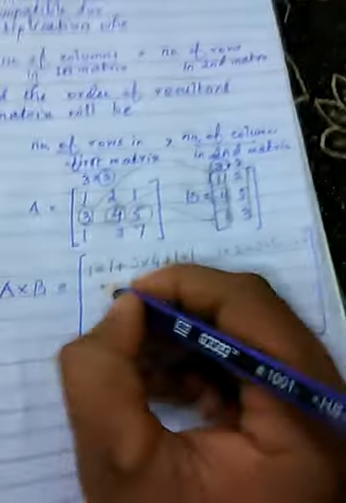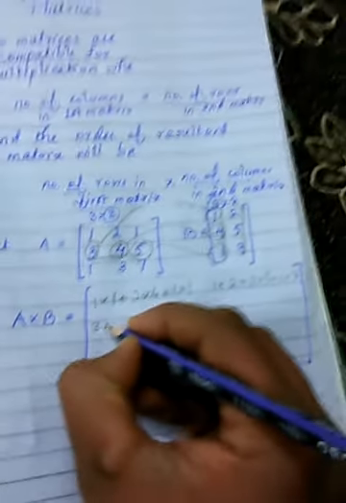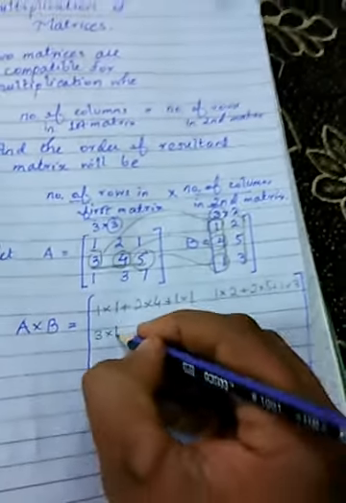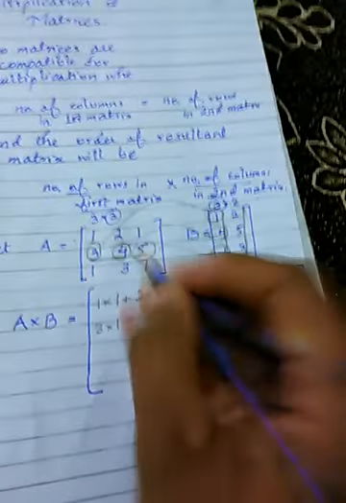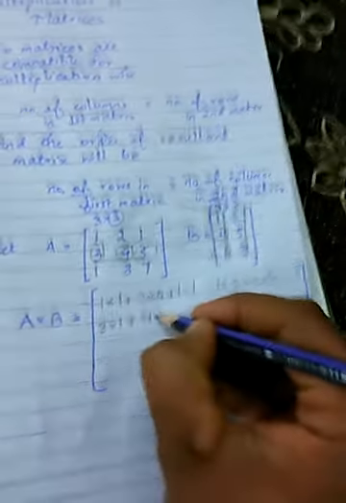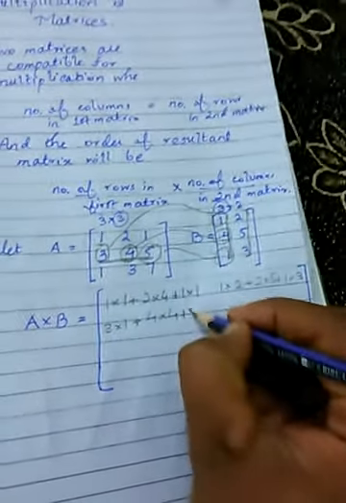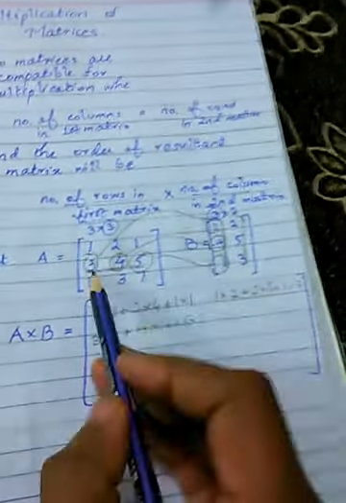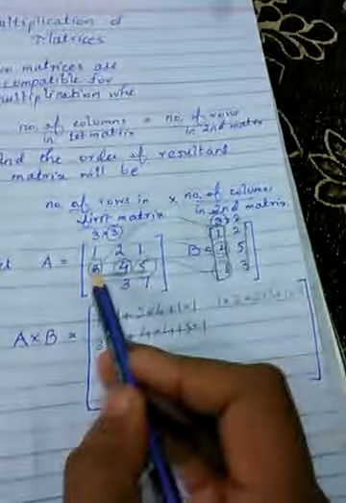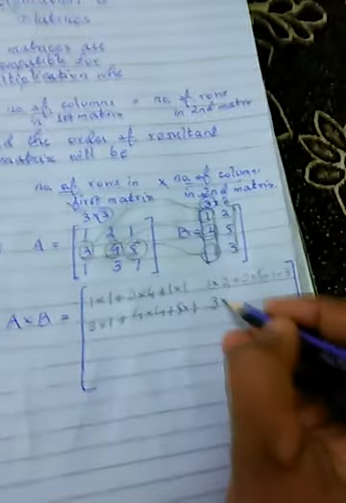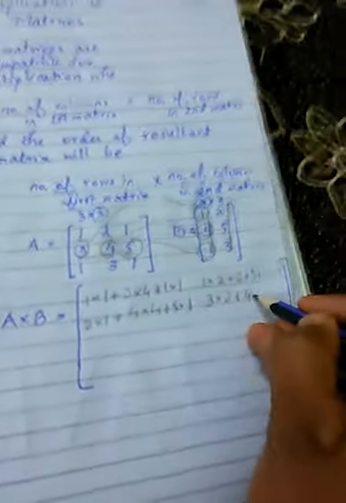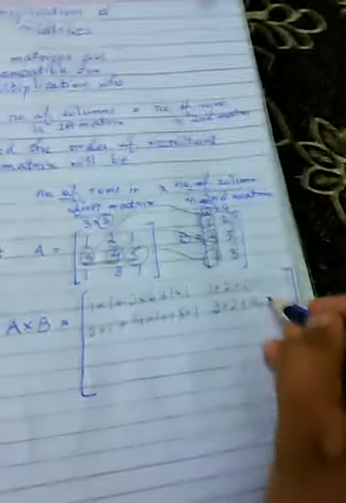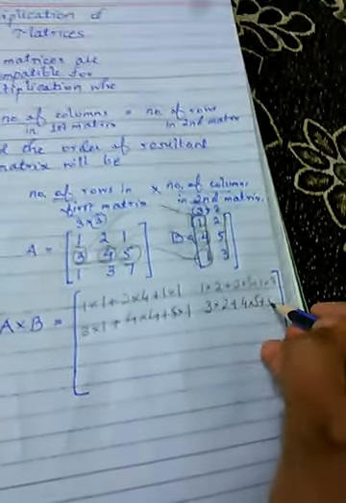Likewise, 3 multiplied by 1 plus 4 multiplied by 4 plus 5 multiplied by 1. Likewise, second row with second column: 3 multiplied by 2 plus 4 multiplied by 5 plus 5 multiplied by 3.